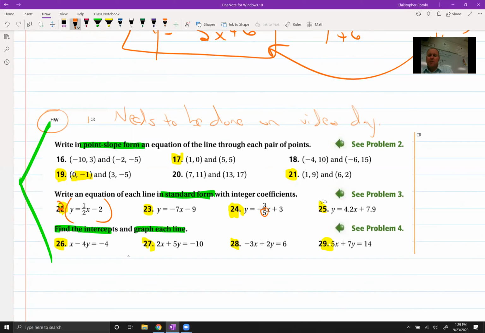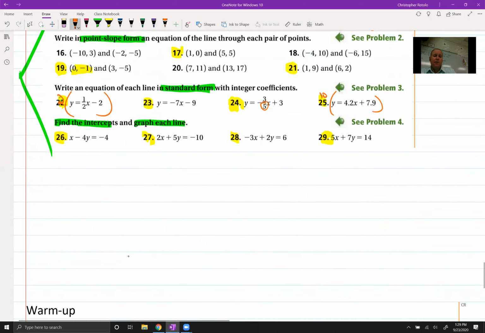The other one, in science class, you're going to deal with some decimals. Remember, the way to get rid of that, if I just don't want decimals, is to multiply by 10. So I have a little 10 on there, so we can do that. All right, we want to find the intercepts and then graph each line. So I might take these and we're just going to do our x-intercept and our y-intercept, and then throw those on there. Okie dokie.